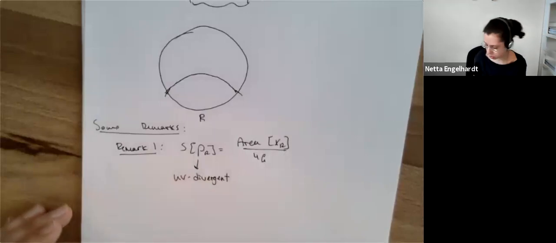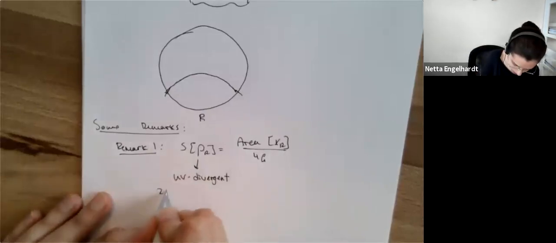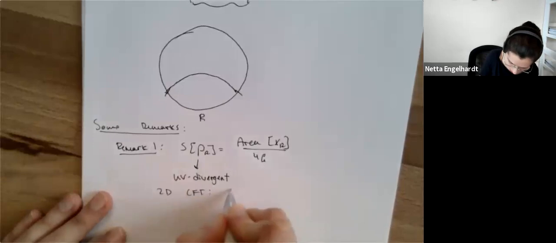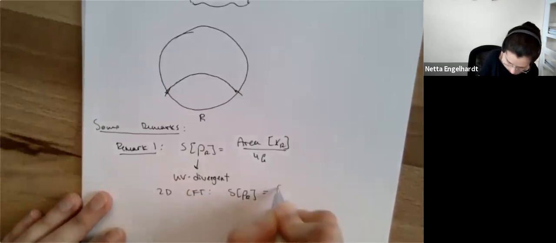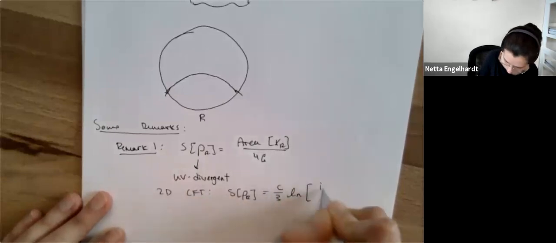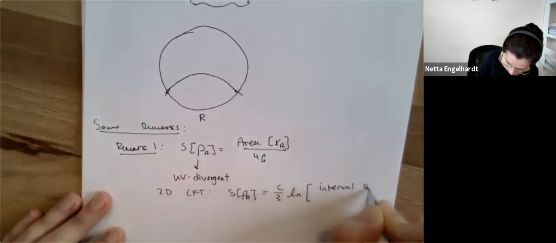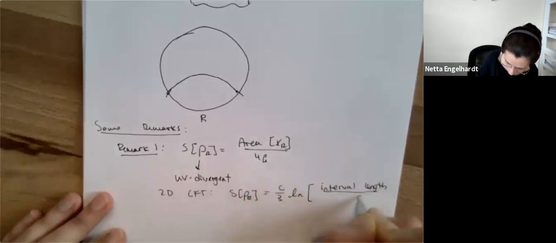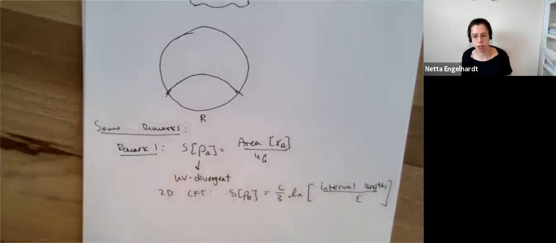For example, for a 2D CFT, S of rho R equals c over 3 log of the interval length over epsilon, where epsilon is the short-distance UV cutoff.